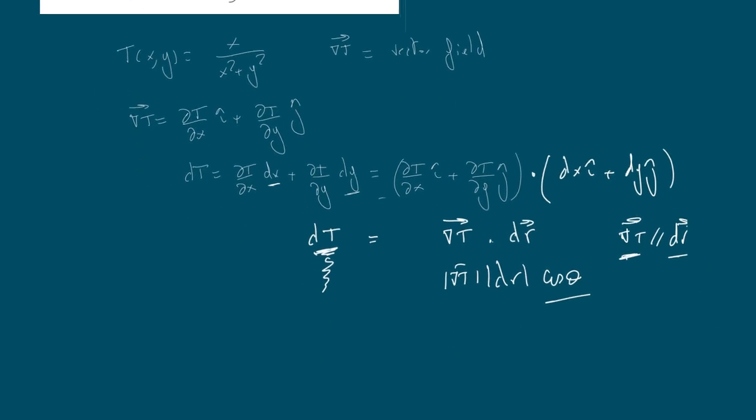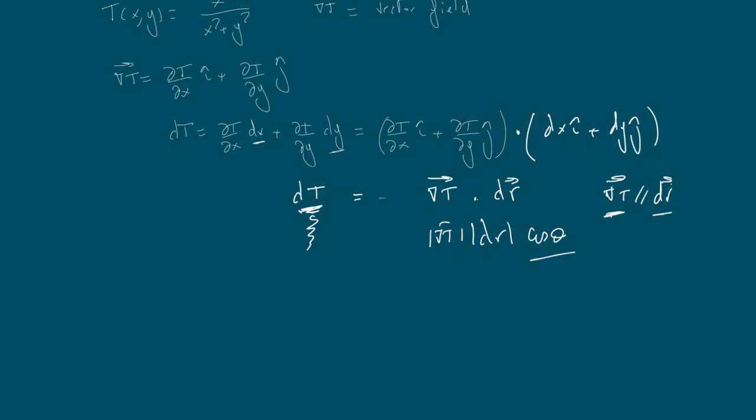So let's find the gradient of T for this expression. Let's do it by parts. The derivative of T with respect to x: T of x, y is x multiplied by (x squared plus y squared) to the minus 1.